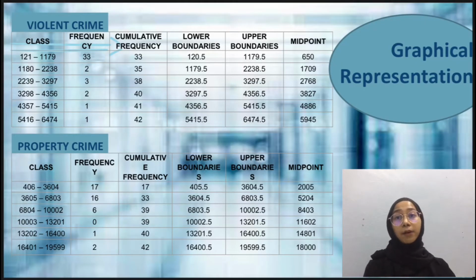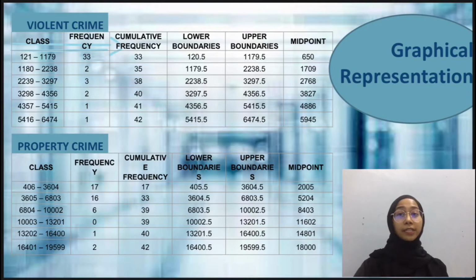There are two types of distribution that we have separated, which are violent and property crime. In both tables, we are using class interval, frequency, cumulative frequency, lower boundary and upper boundary, and midpoint.